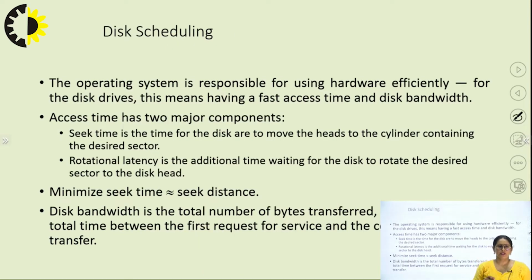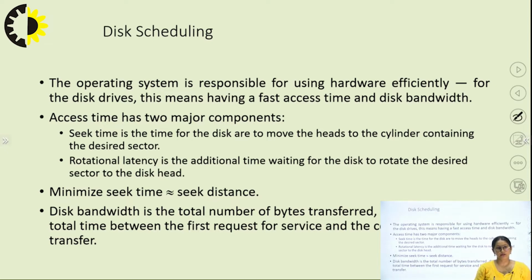Now, what are the various disk scheduling algorithms? When we talk about scheduling algorithms, as we learned in previous lectures, scheduling means finding out which algorithm could be used to access the data. In disk scheduling, we are again accessing data, but on the disk.